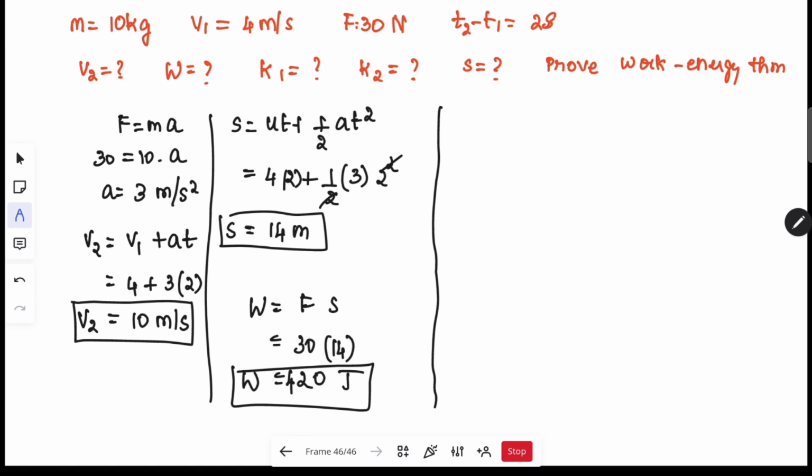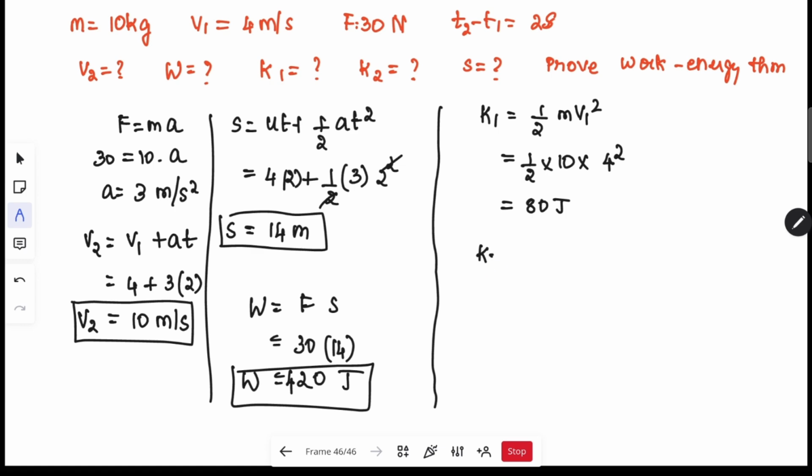Next, initial kinetic energy K1. K1 is equal to half m v1 square. Half into mass is 10, initial velocity is 4 square. 4 square is 16. 160 by 2 is 80 joules.